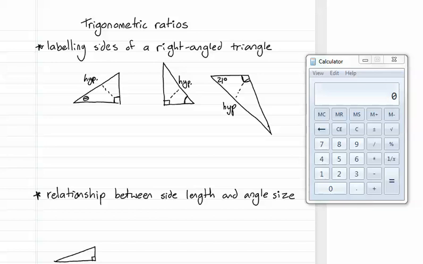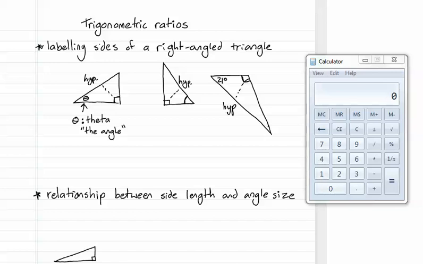And in most questions there'll be an angle marked in some way. It might be marked with this sign here. This is called theta, and it just means the angle. It's used often like X for when we don't know what an angle is.